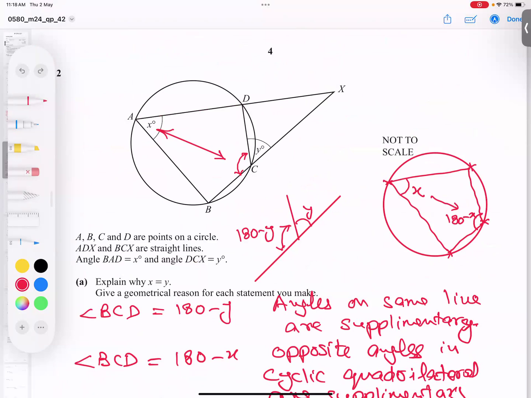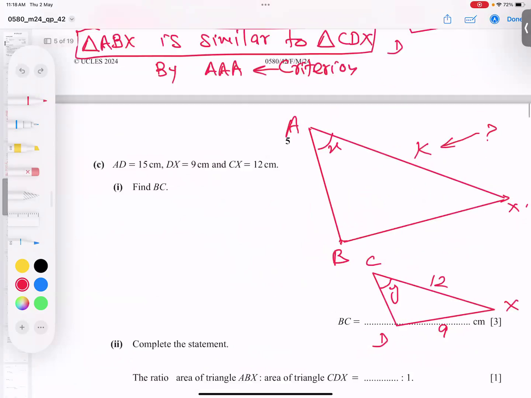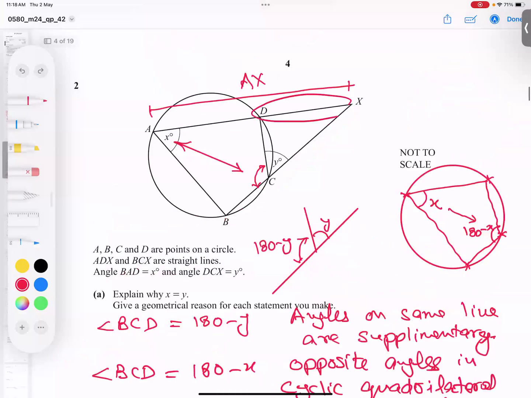Okay student, then do one thing. It means first I will find the total length. Let me mention T for total, or I call it AX. If I find AX, then I can use this part. So let's talk about AX. AX is this, student. I will find it out, let's say K. This is my target number 1, AX. And we know one more thing, CX is 12, which is very interesting. And on the top, in this length, we have DX also available.